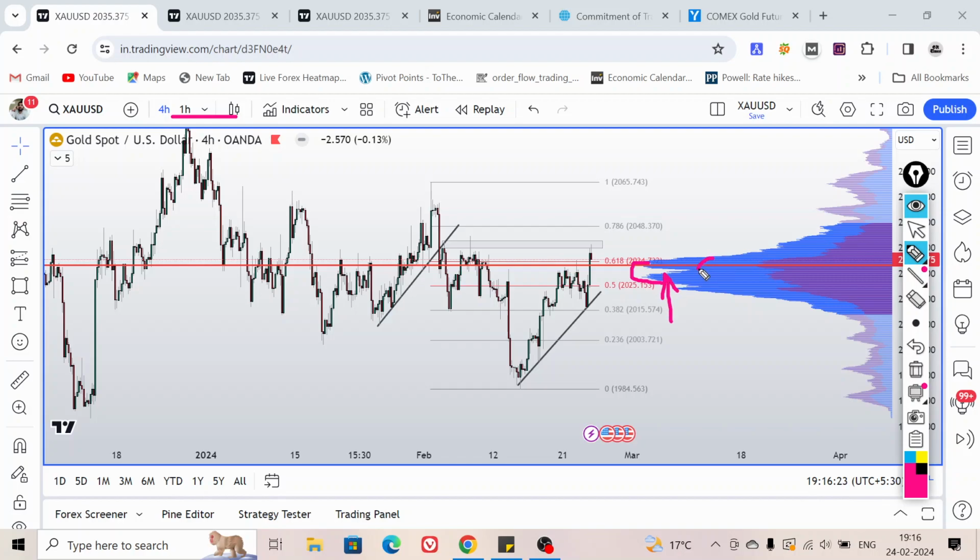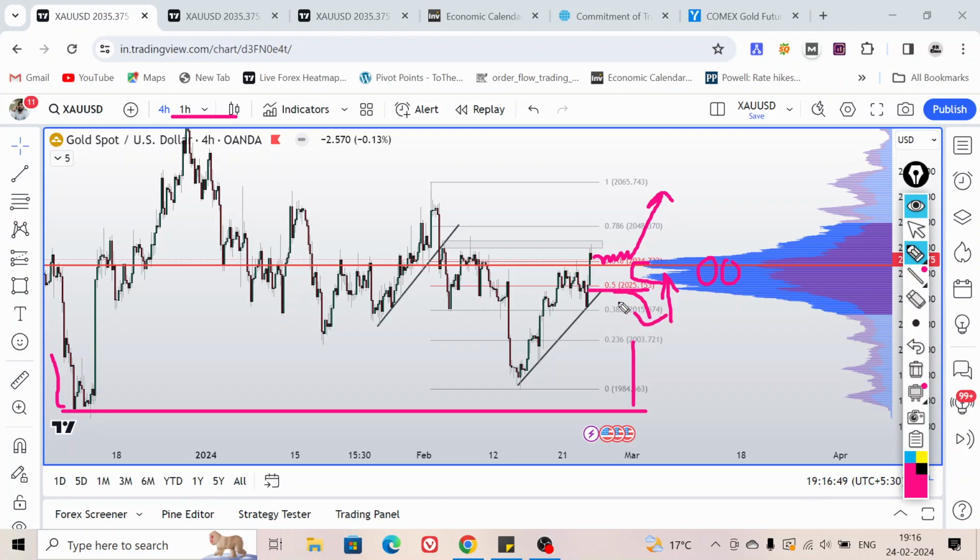This is the most traded area for this particular period. The price is closed above, or nearly sitting above, this volume profile area. If price sustains above this level, we can expect that price might test the higher levels, and below this we can expect a decline.